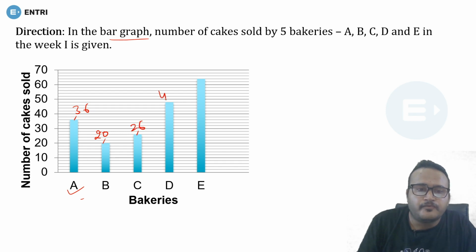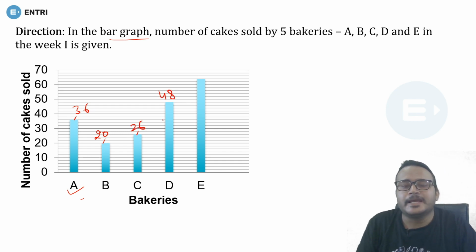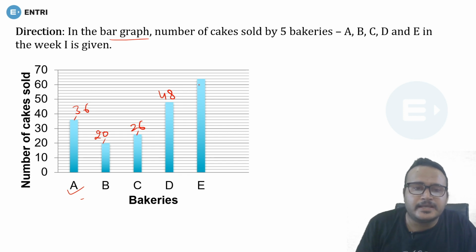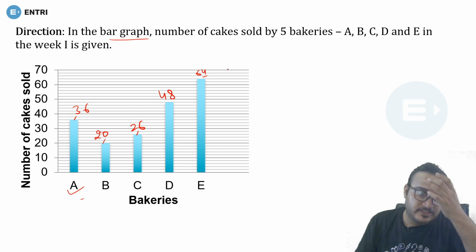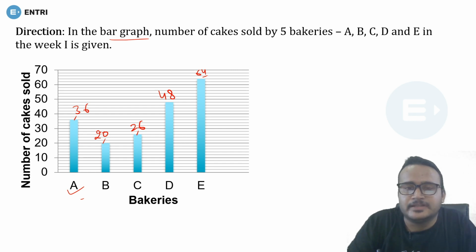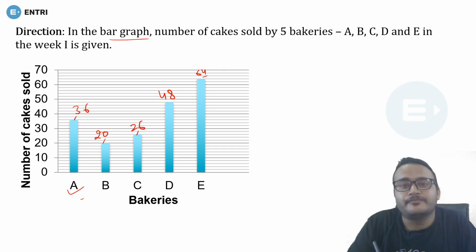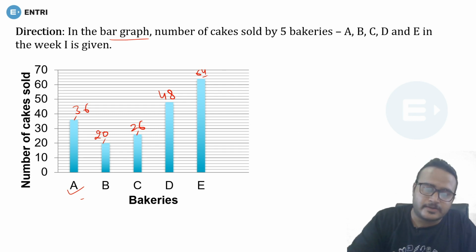In the same way, 48 cakes were sold by bakery D and bakery E sold 64 cakes. So this is the data we have in the bar graph, and based on this bar graph we'll be having 5 questions. We'll be solving those also.